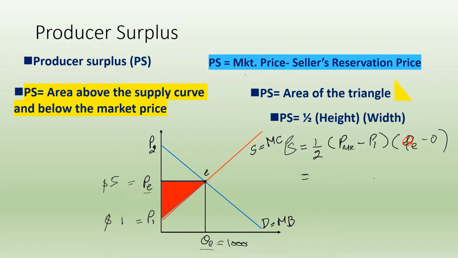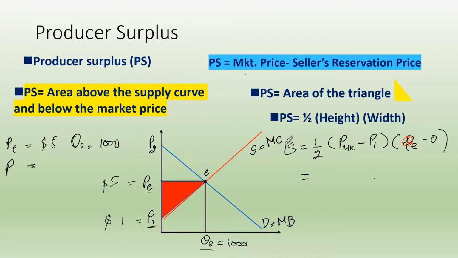So what information do you have? You have information on PE, which is $5, and you have information on QE, which is 1000 kilograms of rice. You also have information on the minimum price for the sellers, which is the horizontal intercept of this supply curve.